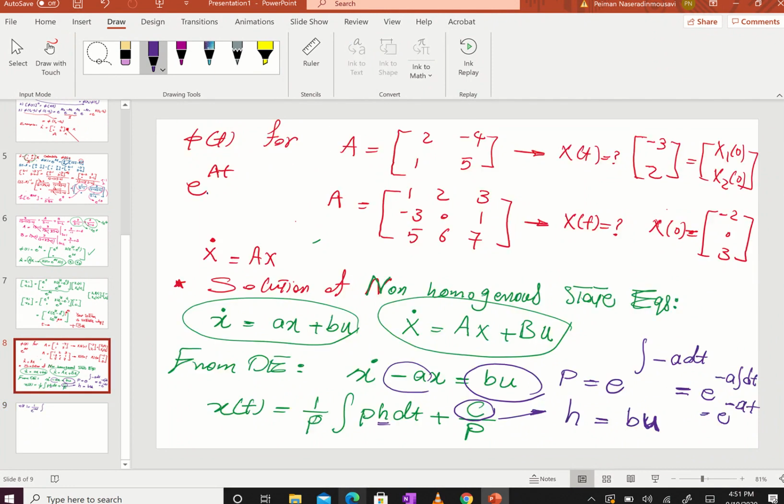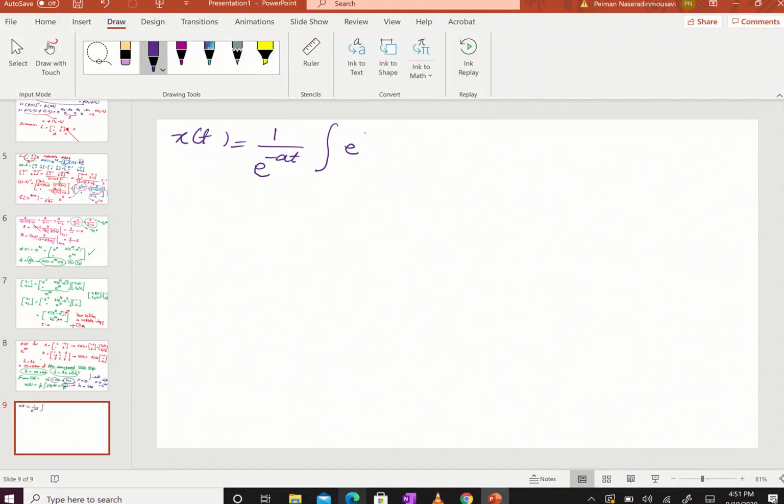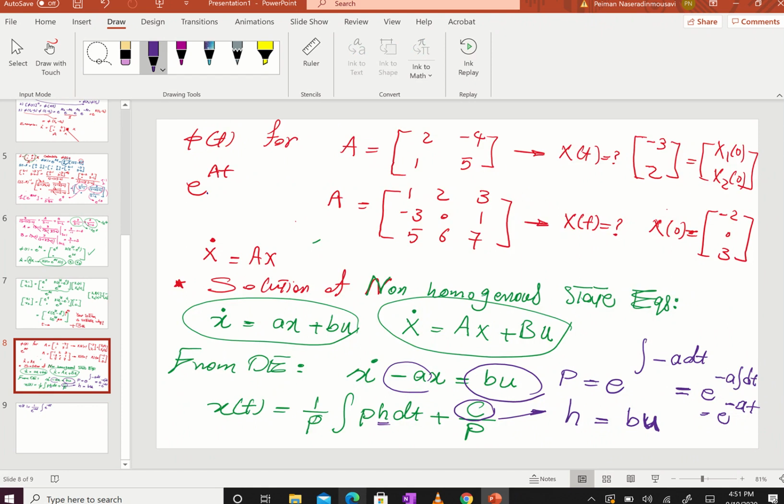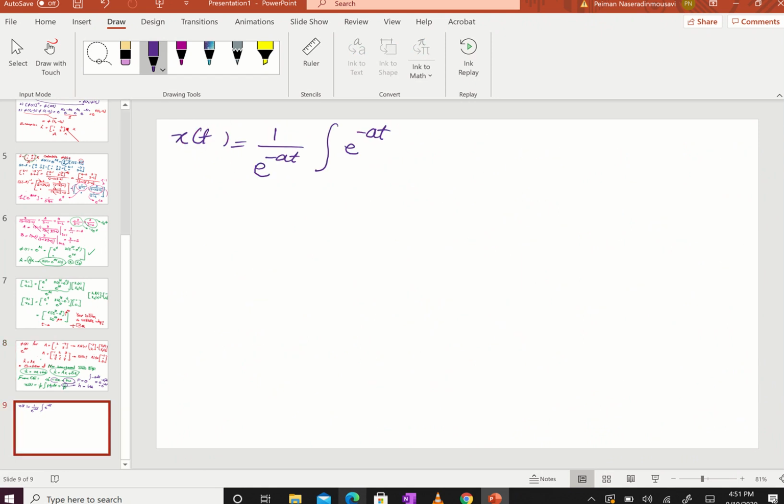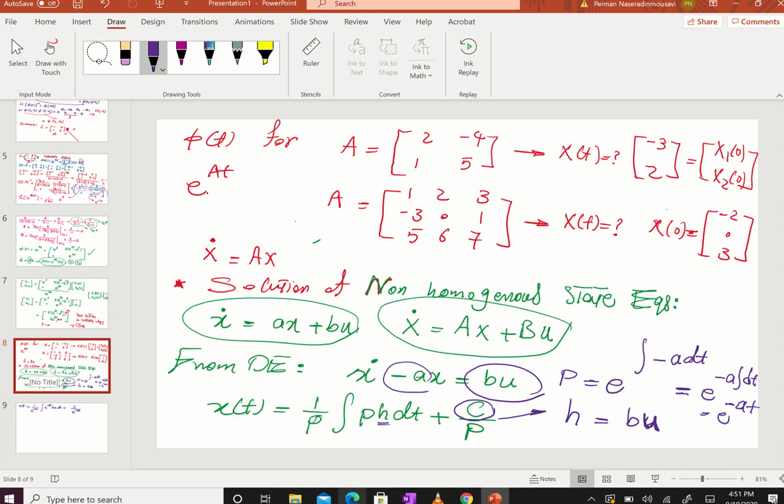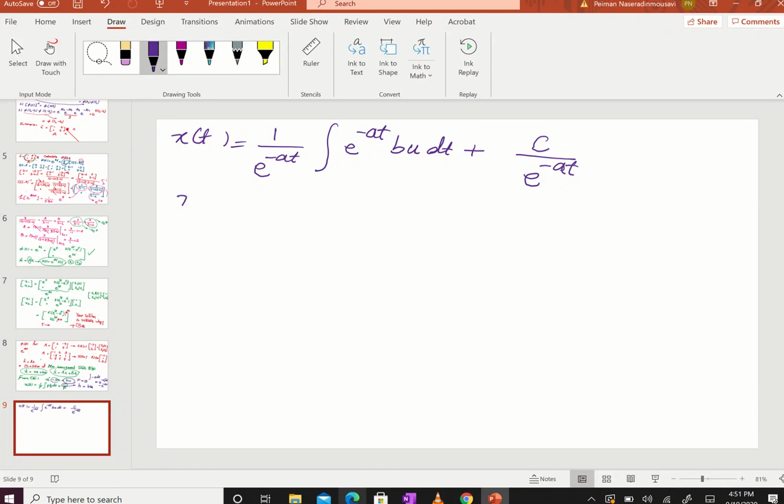So x of t is 1 over p, integration of p times h dt, where p is e to the minus at and h is Bu, plus c over p, again c divided by e to the minus at. So x of t equals e to the plus at, integration of Bu e to the minus at dt, plus c e to the plus at.